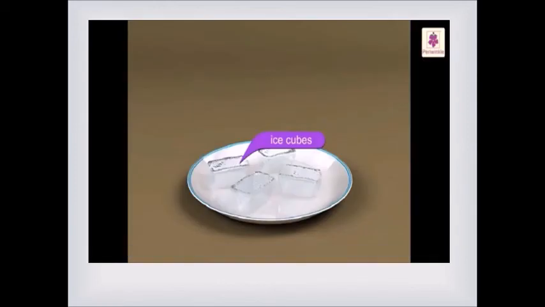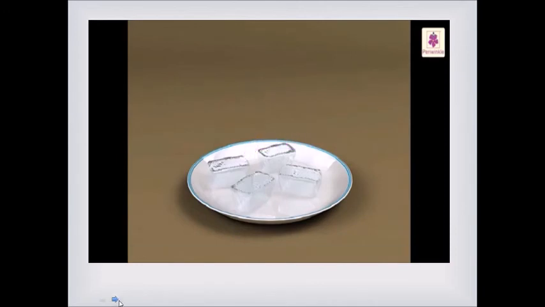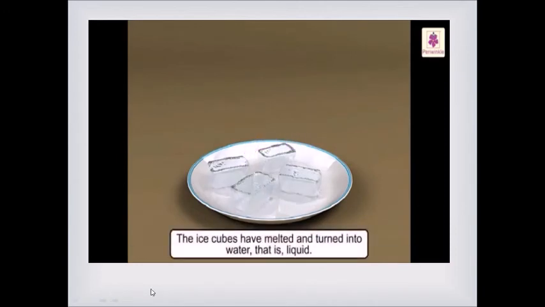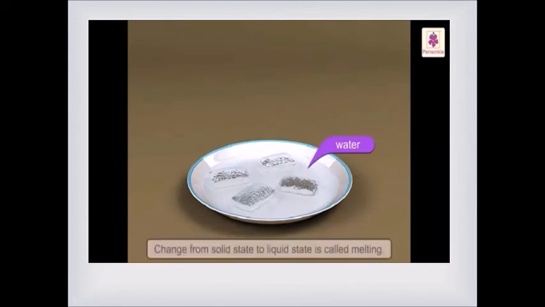Now let's watch this video to see the changes of state of matter. Place ice cubes in a plate and keep it on a table. After half an hour, observe. The ice cubes have melted and turned into water, that is liquid. This change from solid state to liquid state is called melting.